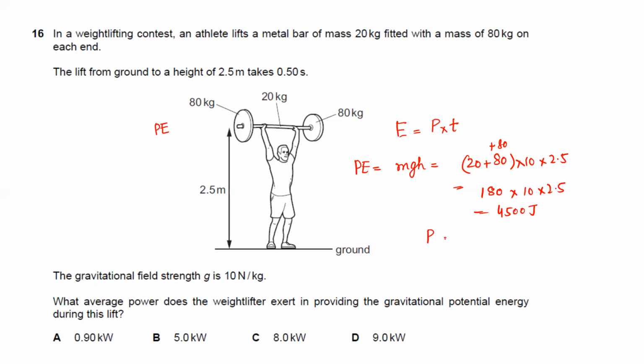And power equals energy per unit time. So 4500 joules divided by 0.5 seconds comes out to be 9000 watts or 9 kilowatts. So answer D is the right choice we have. Okay, this is how you solve this question.